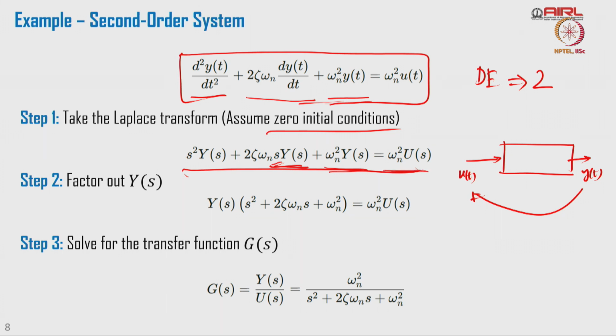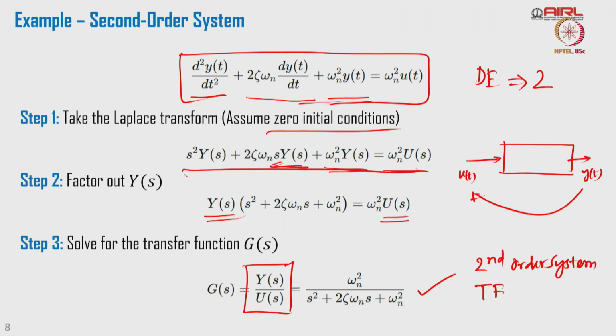Now, what we do is we factor out Y(s) this side and take U(s) here. When we calculate the transfer function, that is the ratio of Y(s) by U(s), we get this form. So, this is called a second order system transfer function. Okay.